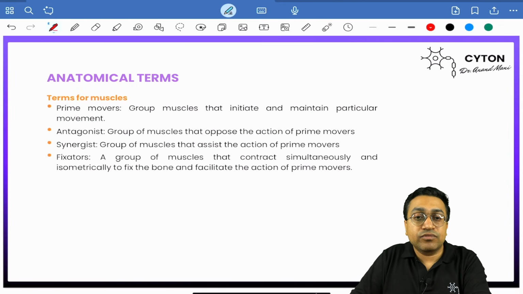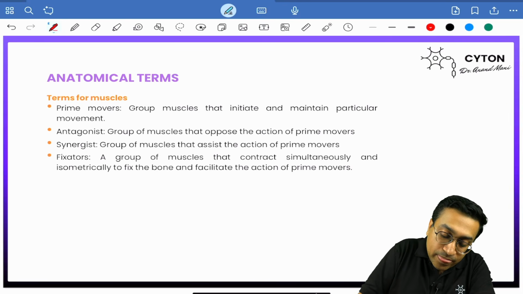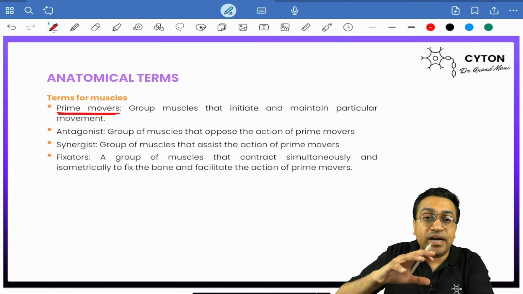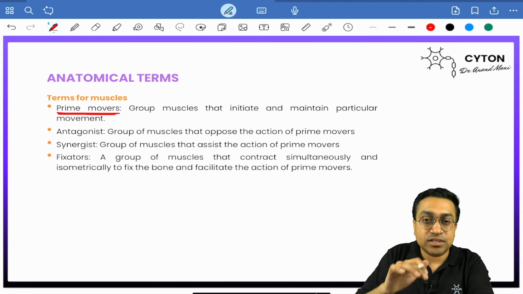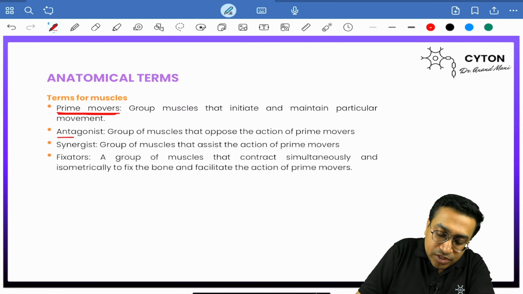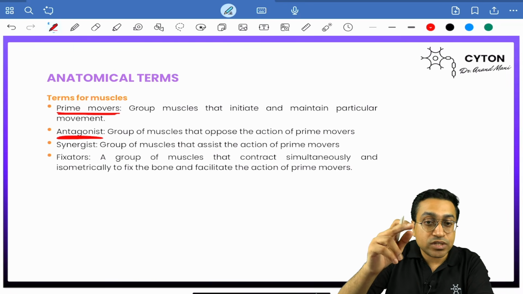Another thing you will hear about in detail in the muscular system: prime movers, which are the group of muscles that initiate and maintain a particular movement. I will talk about these different types with examples and images in the muscular system, but here is just an orientation. Antagonists oppose the action of the prime movers.